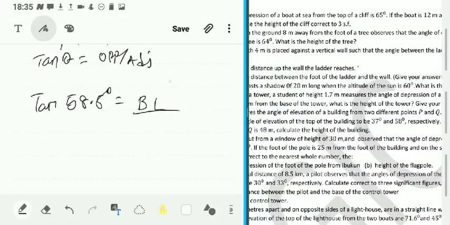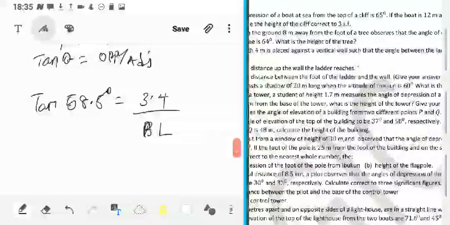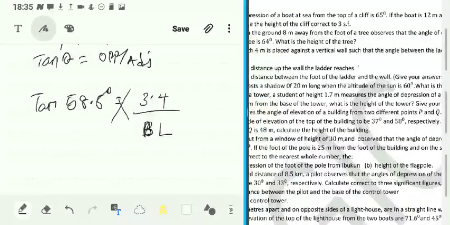Sorry, we're not looking for the opposite. We're looking for the adjacent. Opposite, we've already found as what? 3.4 meters. And then the adjacent is what? BL. Okay, it's because I'm just using one notebook. That's why it's looking somehow.